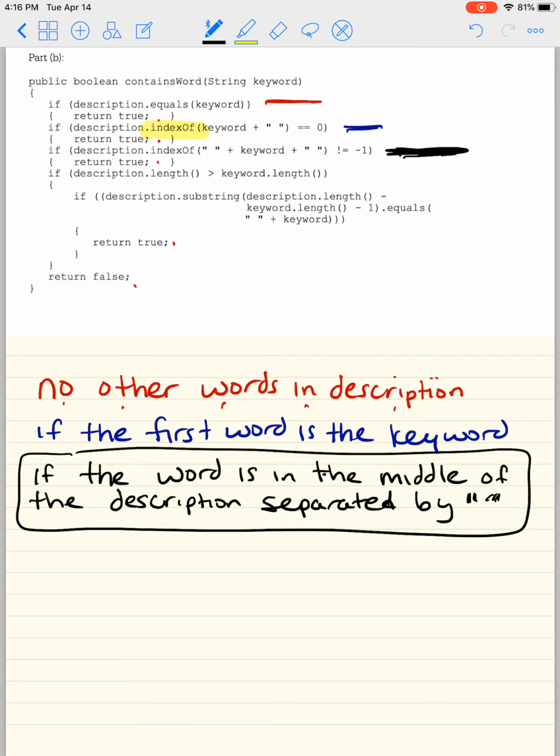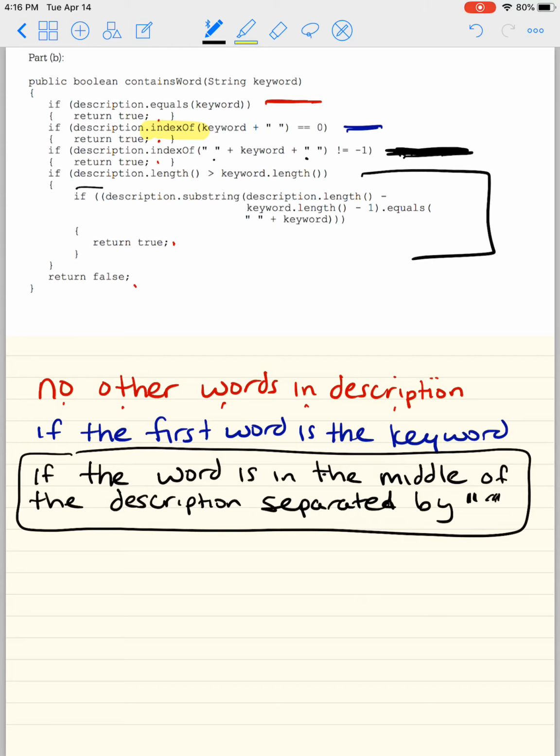So if the description dot index of quotation plus the keyword plus quotation, that means there's a space between these two. If that doesn't equal -1, in other words, if it equals a number, we don't care where the keyword is, we just know that it's found, and so return true there. So that's that guy. Now this one might be a little bit tricky, but let's take a look at it.